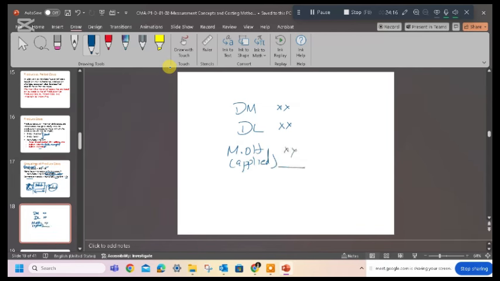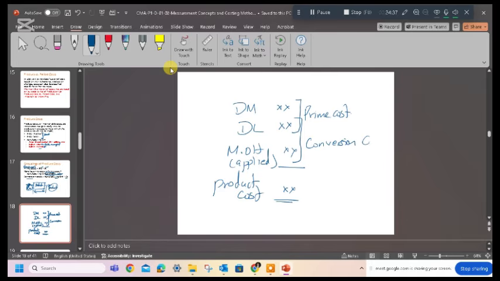All of them together you call product cost. Then these two together, prime cost. But these two together, conversion costs. Know the terms, conversion cost.